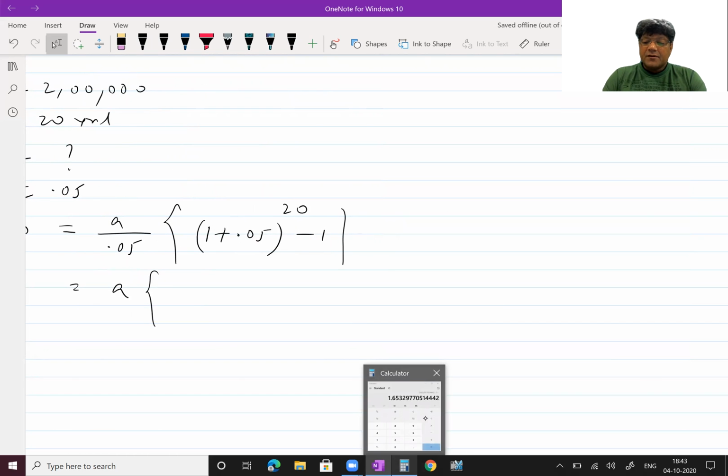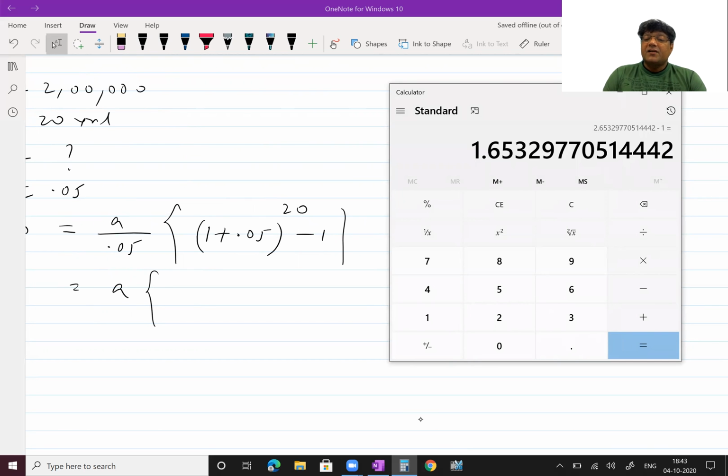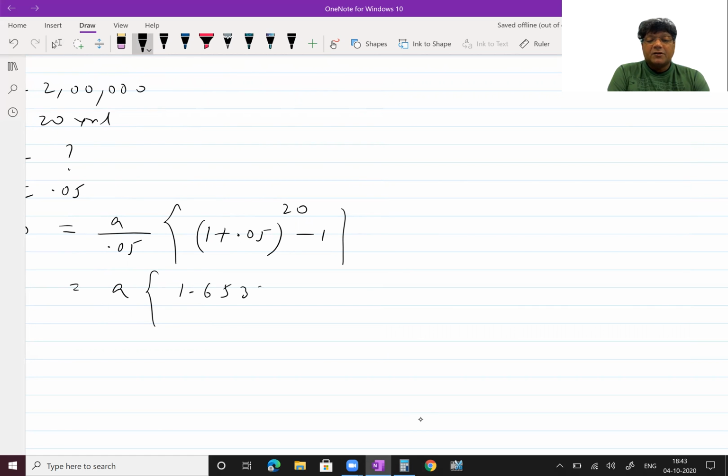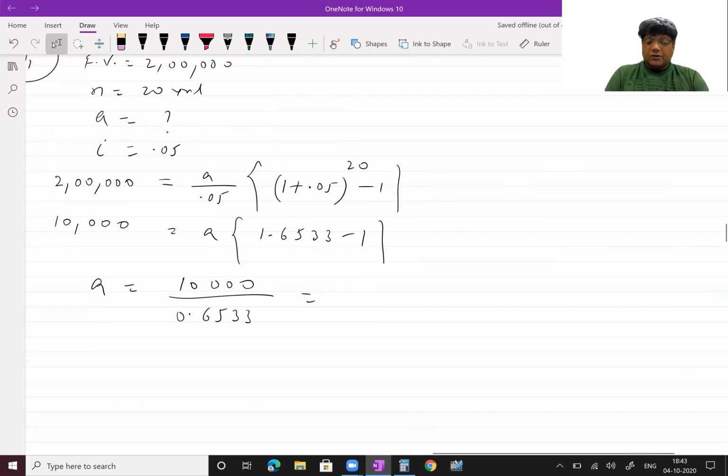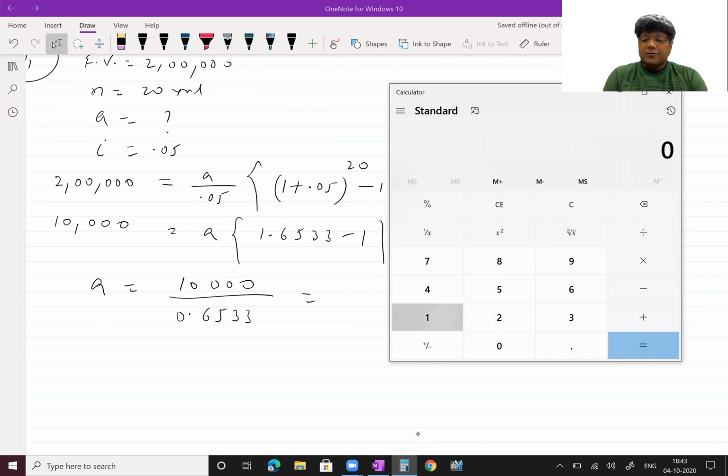What was the value? It was 1.65329. So what should I take? 1.6533 I will take. 1.6533 minus 1, so our A is equal to 10,000 divided by 0.6533, and that is equal to 15,306. 15,000 into 20 years.